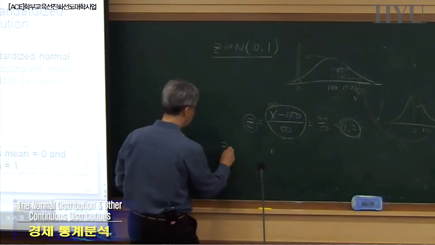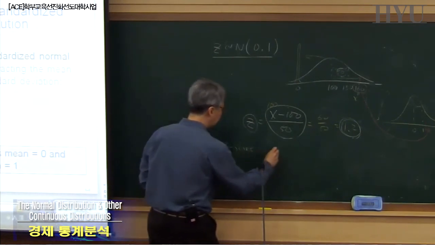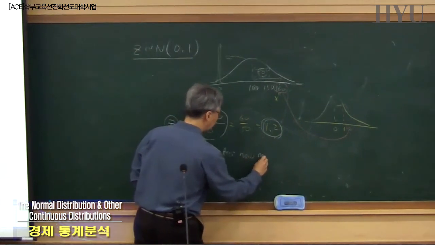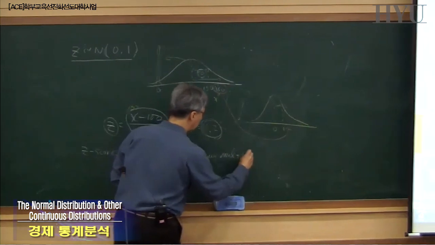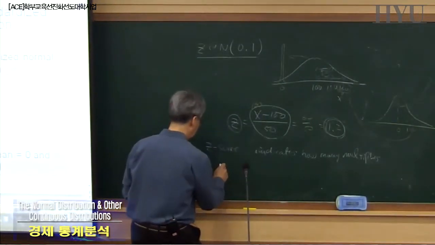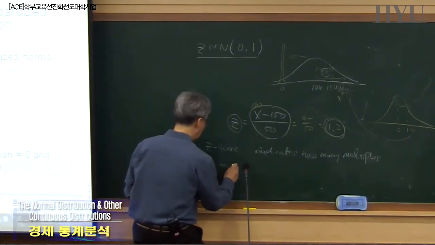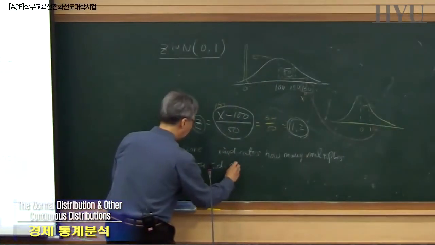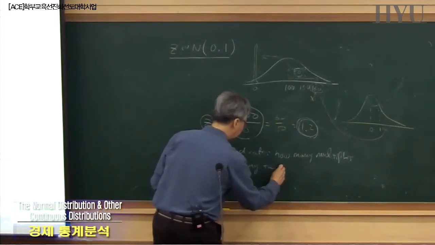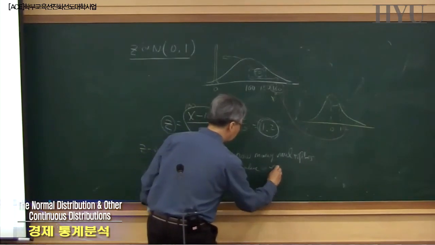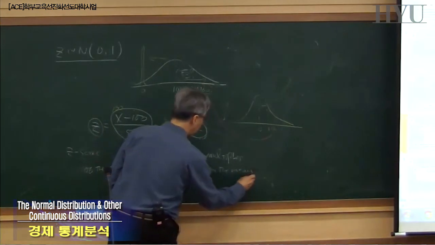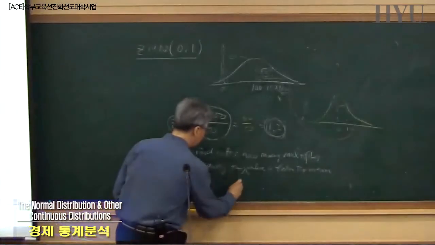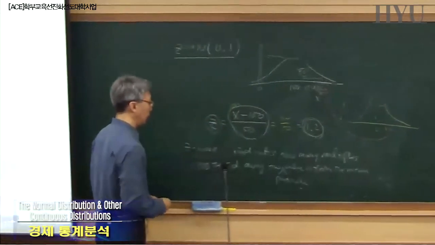So z-score indicates how many multiples of the standard deviation away the particular value is from the mean.